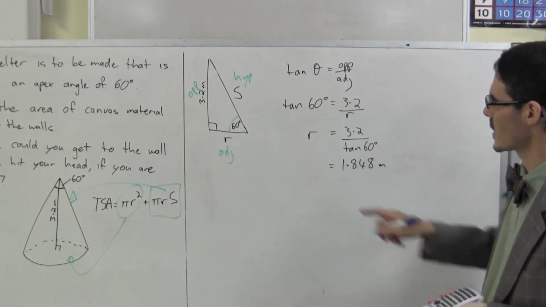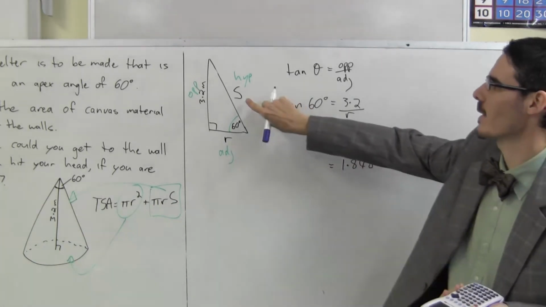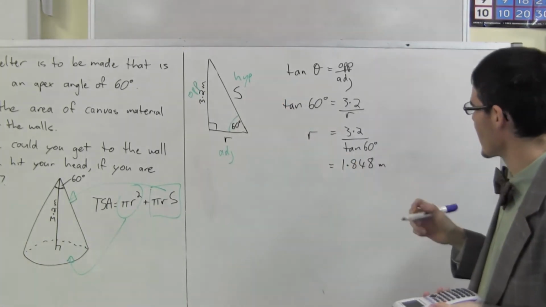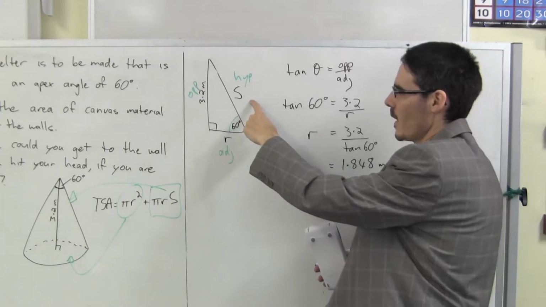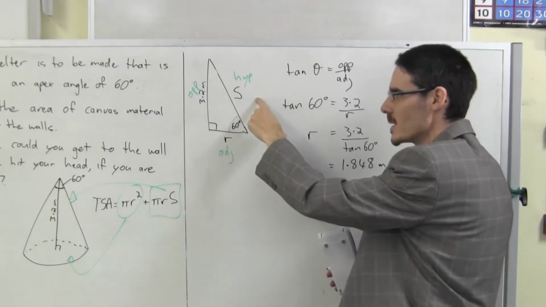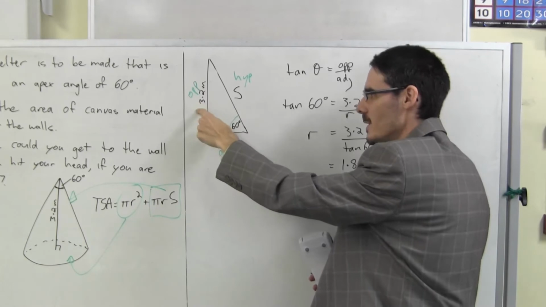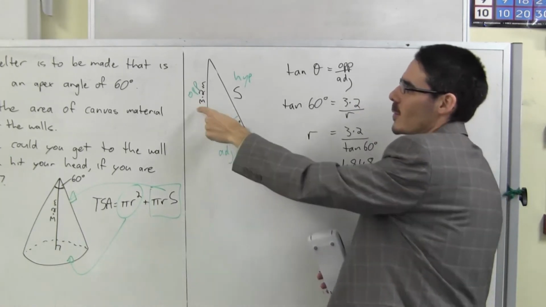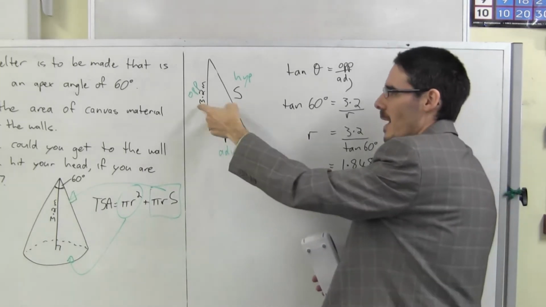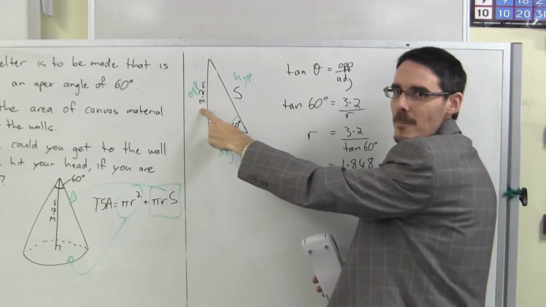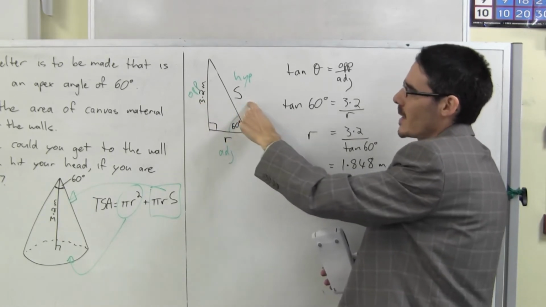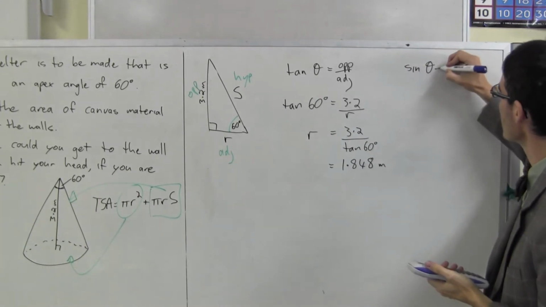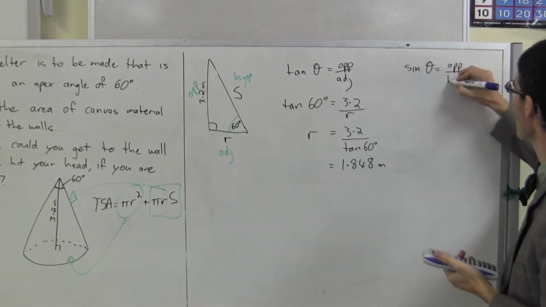Okay, that was R. I'm going to do a very similar thing for S, the slant height. For the slant height, I've got opposite and hypotenuse. Notice I'm going back to the one I was given, not the one I just calculated. I could do it with this one, or as I said, I could use Pythagoras. I'm going to go back and use trigonometry with the original number again. So opposite and hypotenuse is sine. Sine of my angle is opposite on hypotenuse.